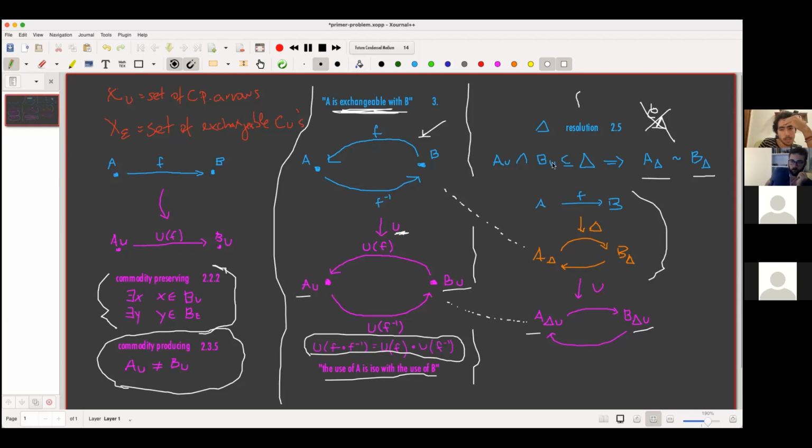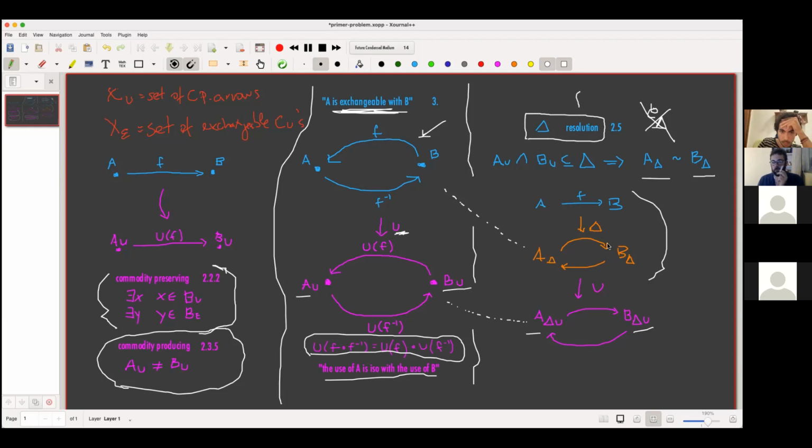And once you're in the commodity universe, you're implicitly always looking at it from a certain resolution. And we're saying that from that resolution, two things are isomorphic when their substrate, their ontological character, can be completely different. Doesn't matter what they are. They don't need to be isomorphic outside of the commodity world.